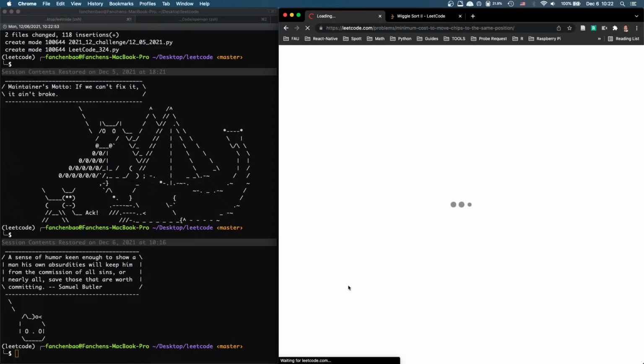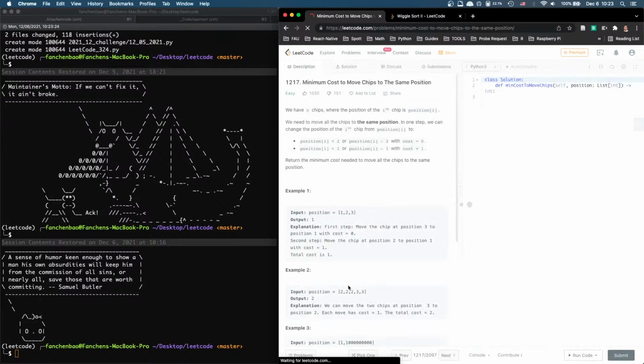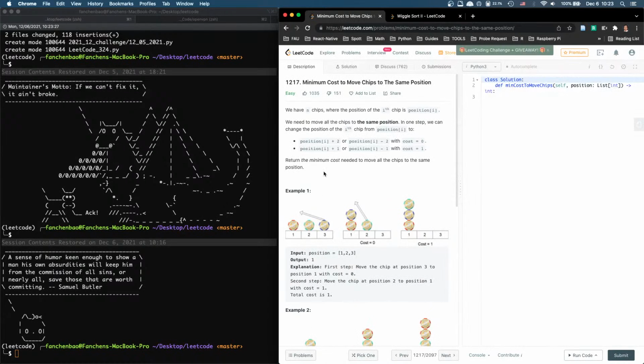Minimum cost to move chips to the same position. Let's see. Okay. Have I done those before?